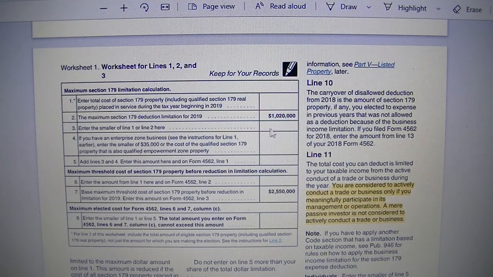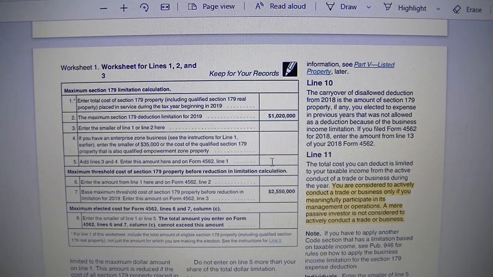So your 1 million that you have on line 3 will be the same on line 5 as well, if you don't have any enterprise zone business to claim an additional 35,000 or whatever the amount is. You'll be able to find more detail in the instructions for that specific situation.